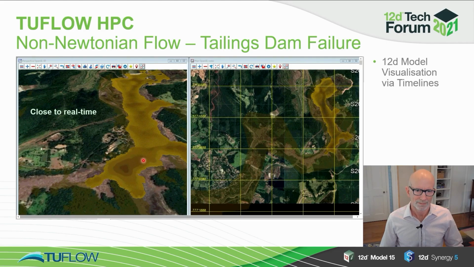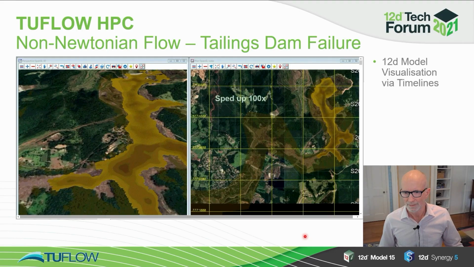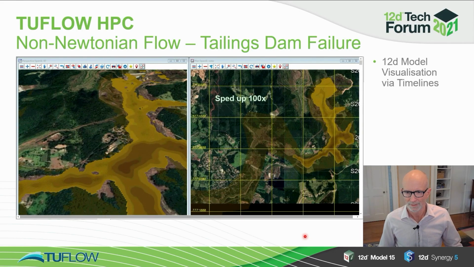It rapidly moves over two or three kilometers in about 30 seconds. Around this point here, we speed up the animation to about 100 times, so now we're watching it propagate down 100 times faster than what it really did in reality.